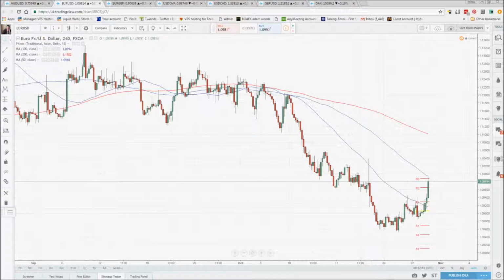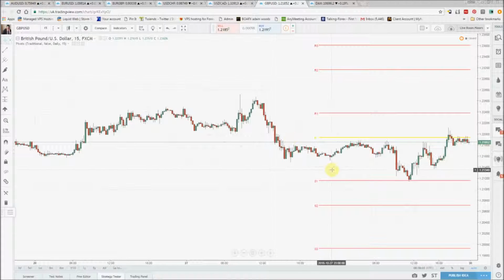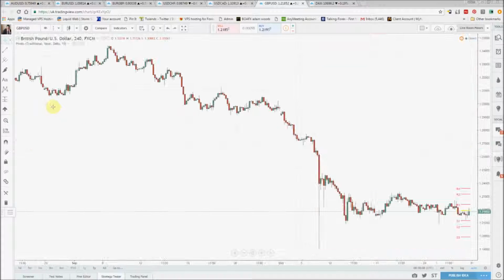So how are we going to trade this? Well, we know that we've still got pressure in the euro, and we've also still got pressure in the pound. The pound did have another bit of a sell-off last week, but again retraced towards the end with the US GDP, which coincidentally came in better than expected.